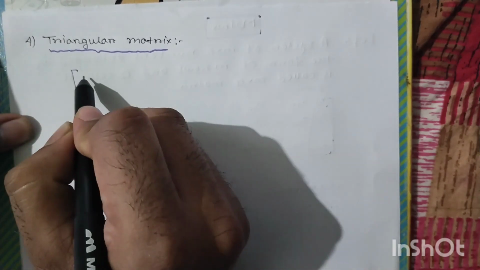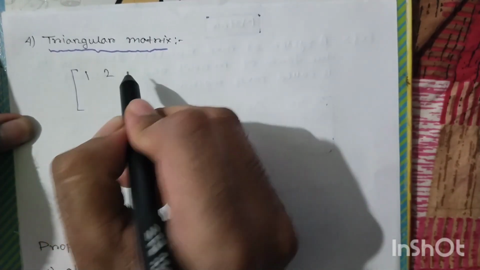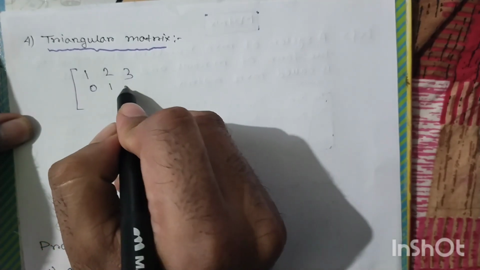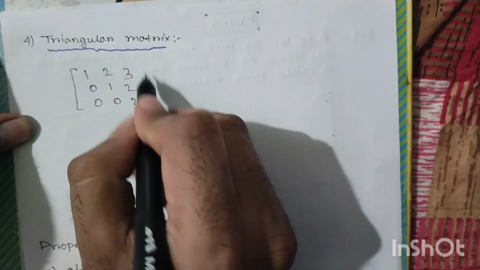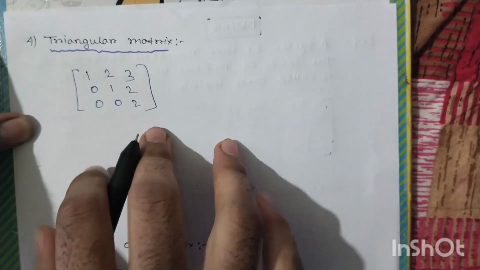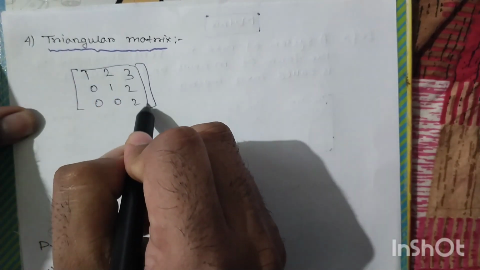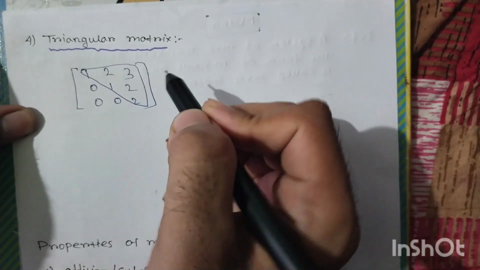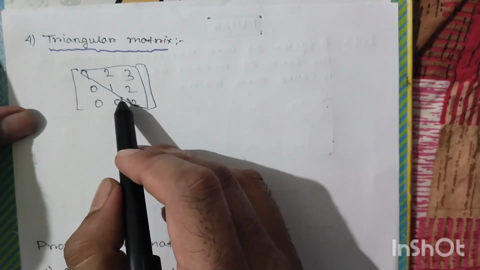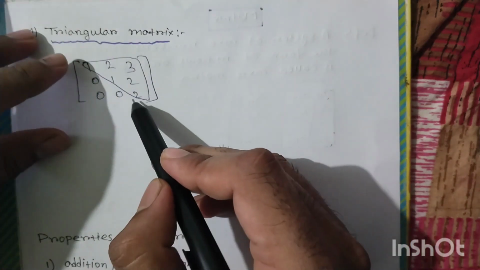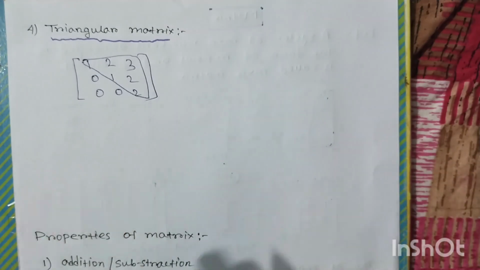Let's take an example: 1 2 3, 0 1 2, 0 0 2. Now observe that it gives a triangular format. The remaining part is 0. Yes or no? Yes. So this type of matrix is called a triangular matrix.